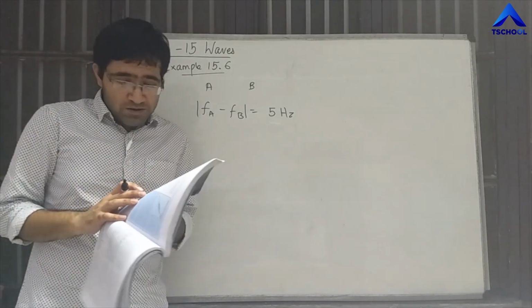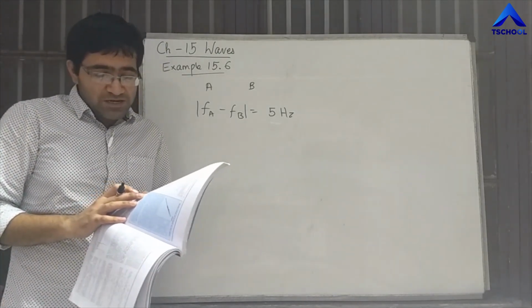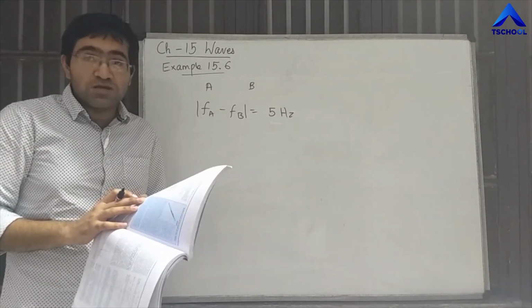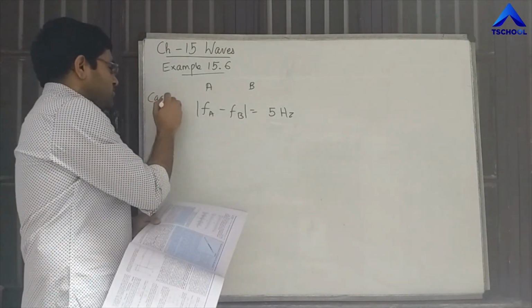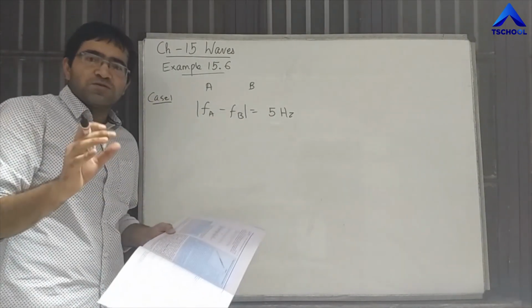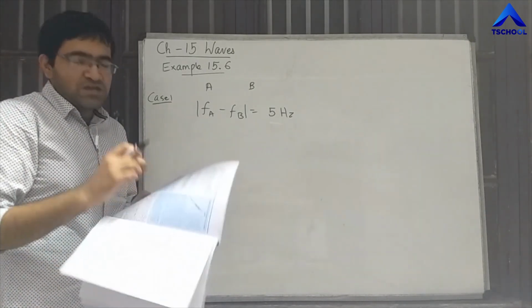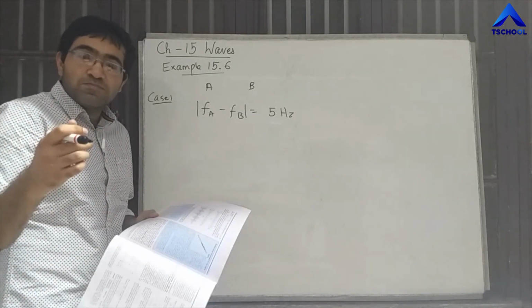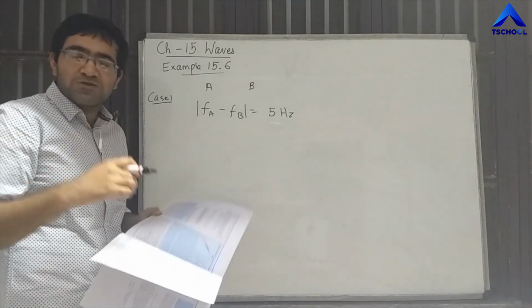Hope we remember that. The tension of the string B is slightly increased and the beat frequency is found to decrease to 3 Hz. So what we know is that in case 1, the difference is 5 Hz. Now we are given that we increase the tension in the string. You would have seen that instrument players tighten the strings.